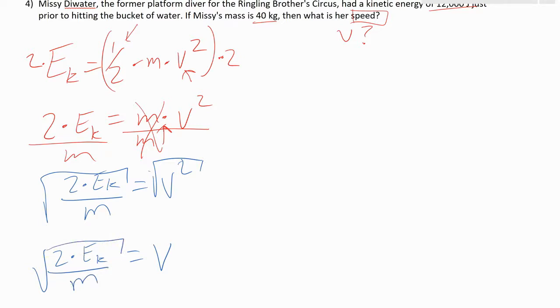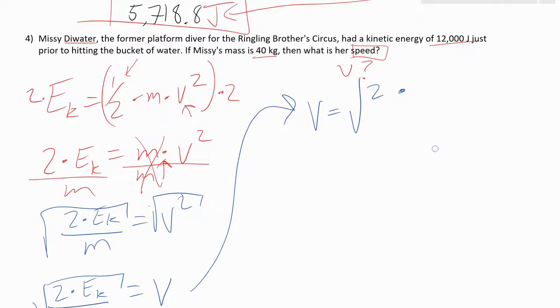Okay? So, if we just substitute in now, we end up with V equals the square root of 2 times the kinetic energy, which is 12,000 joules. All that divided by the mass, which is 40 kilograms, coming from right here.